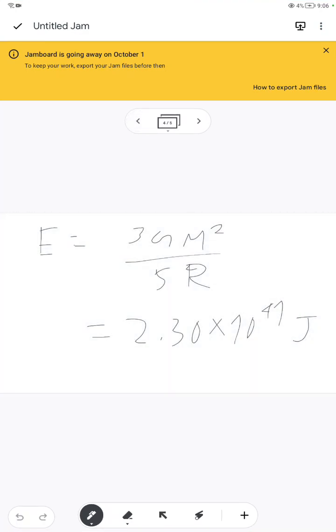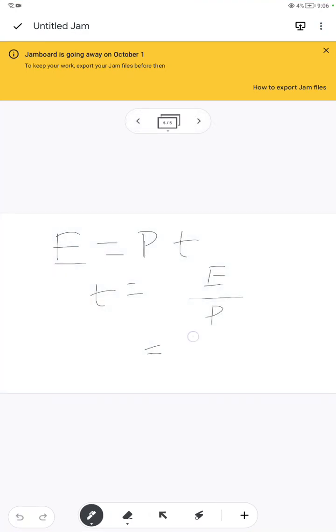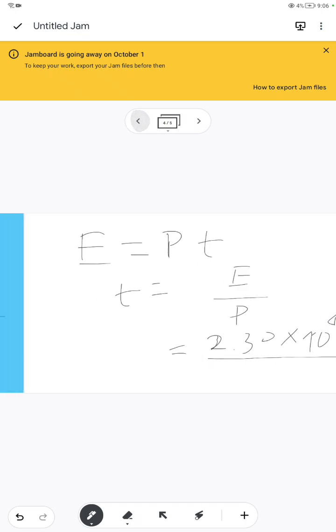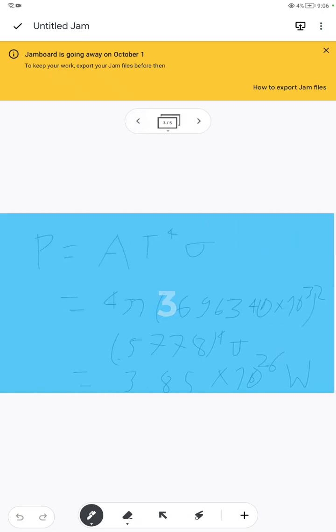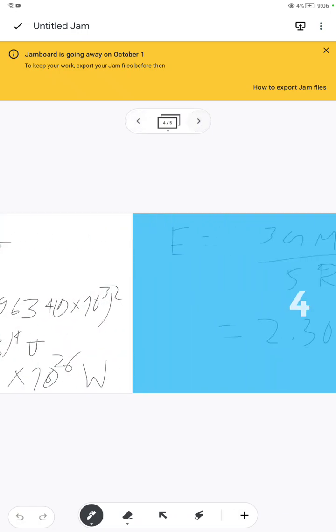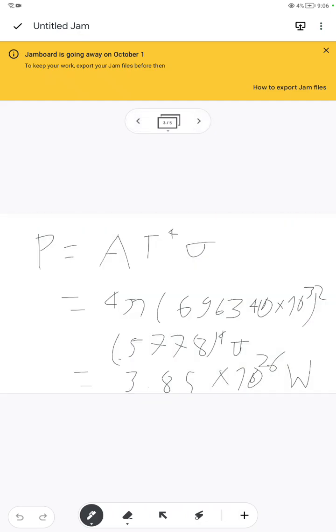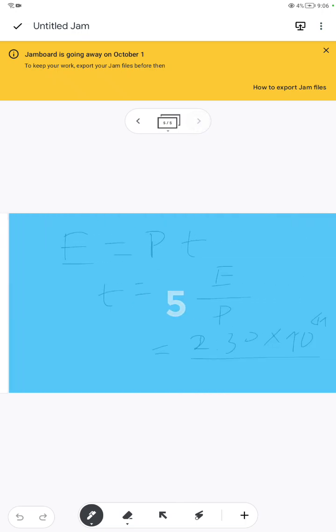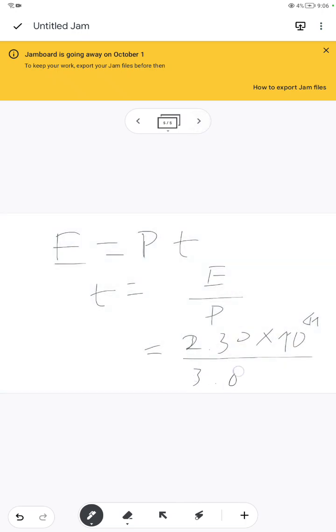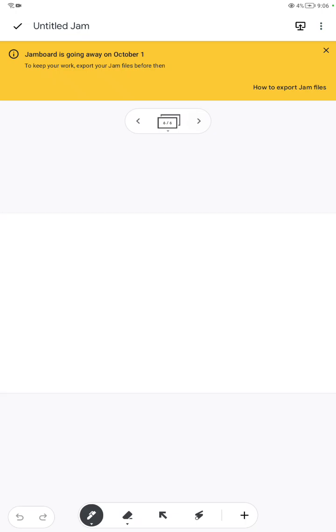So the energy is 2.30 times 10 to the 41 divided by 3.85 times 10 to the power 26. So now we will get our answer for time.